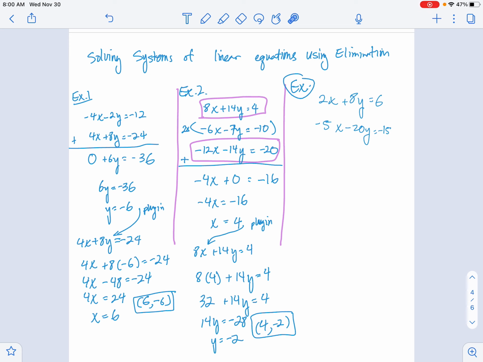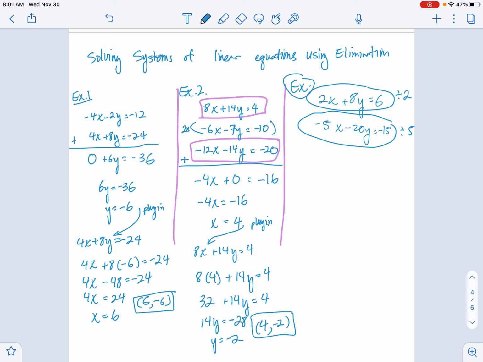Sometimes it's actually easier to simplify the problem first and then see what you can work with later, because the numbers are smaller. So what I'm going to do is divide by the greatest common factor at the top, which is a 2, and I actually have another greatest common factor for this bottom one. Greatest common factor for this bottom equation is a 5.